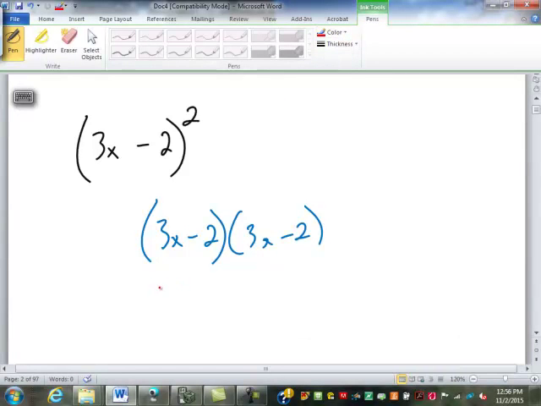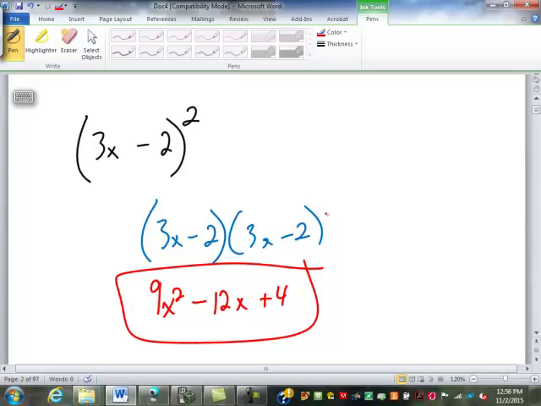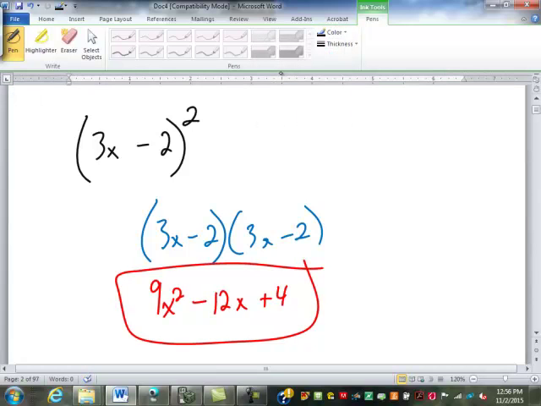So what do you get this to come out to be? 9x squared minus 12x plus 4. How many of you got that? Anybody not have any idea how to get that? Okay. So, everybody's got it.